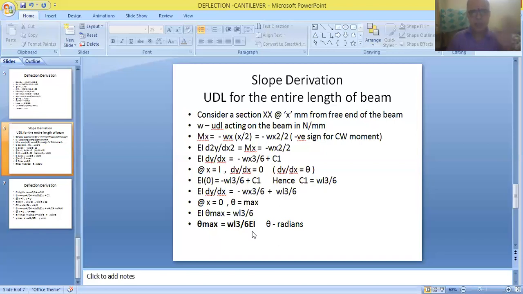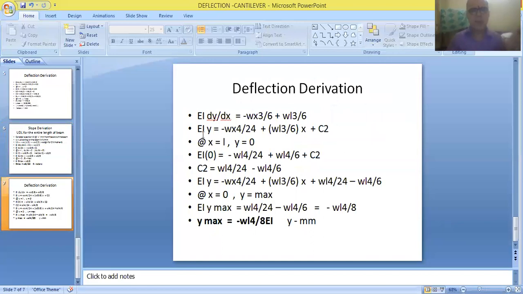So friends, this is already mentioned in the first table, which we saw in the second slide. This formula is to be used for UDL acting for the entire length of the cantilever. This is the way of getting the slope equations. And finally, again we have to do the integration, so it will be obtained in the form of C2.